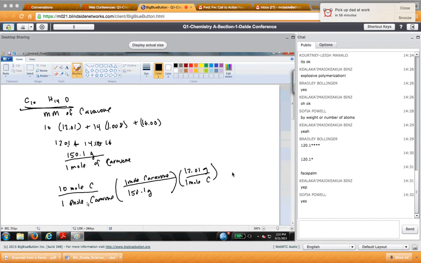So this cancels out with that, and really I have 10 times 12.01 divided by 150.1. Basically, this kind of makes sense, right? If I have 150.1 grams of this carvone stuff, how many grams of carbon do I have? 120, right? So the percentage is 120 divided by 150.